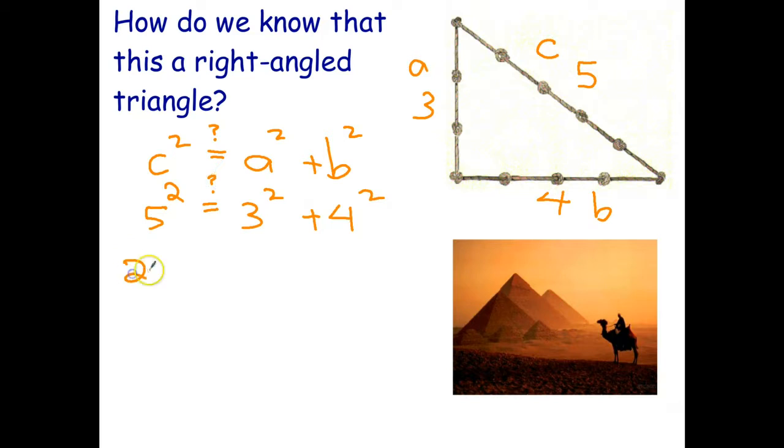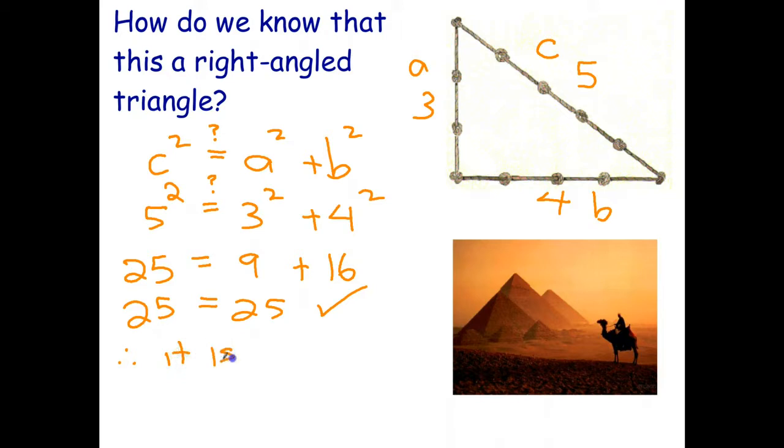Pretty simple to figure this out. 5 squared is 25, 3 squared is 9, 4 squared is 16, and 9 plus 16 is 25. So both sides are equal, and therefore it is right angled.